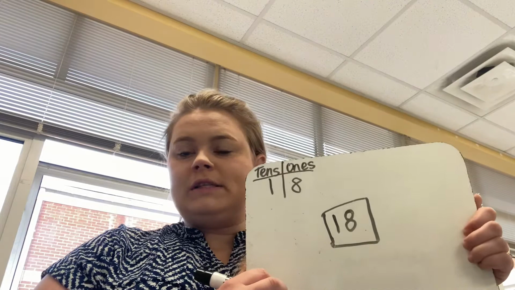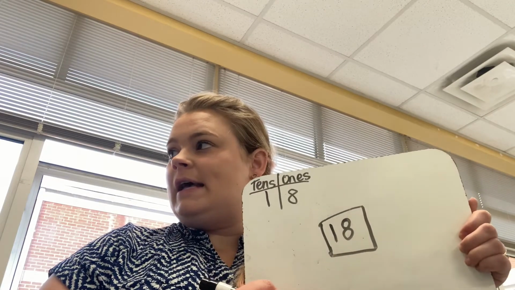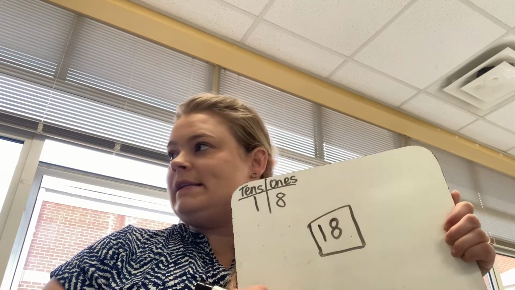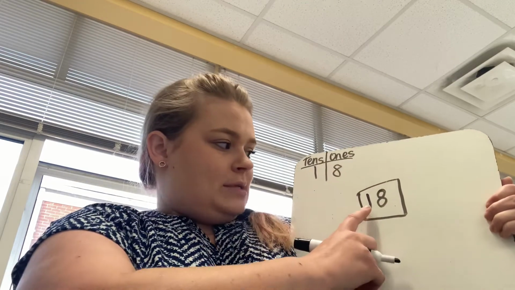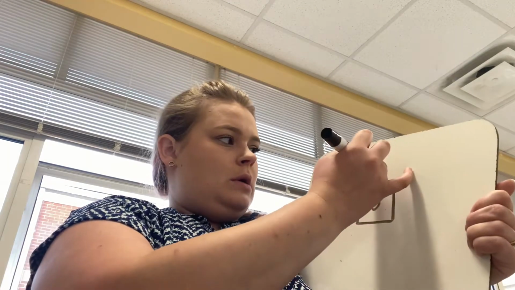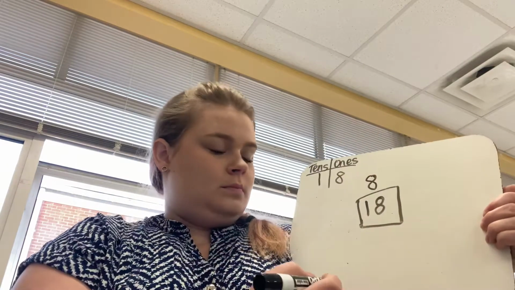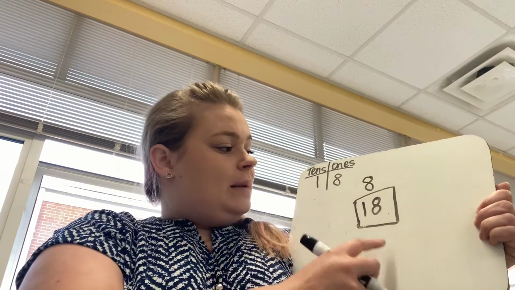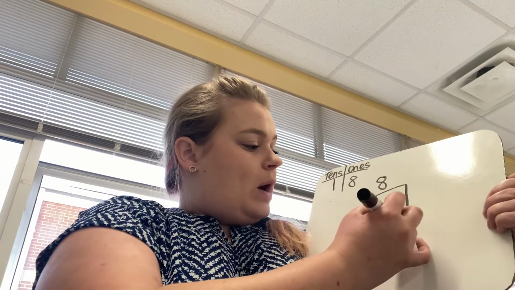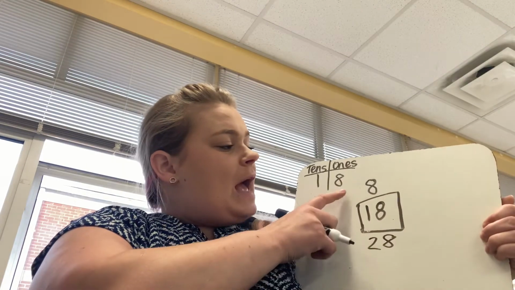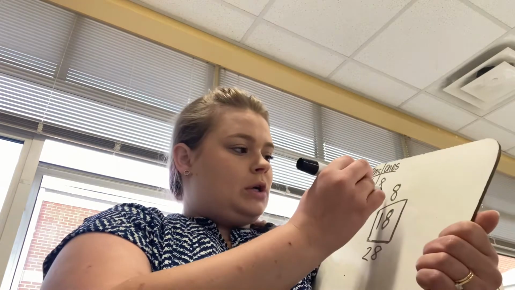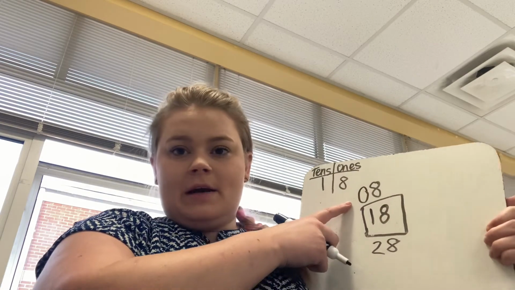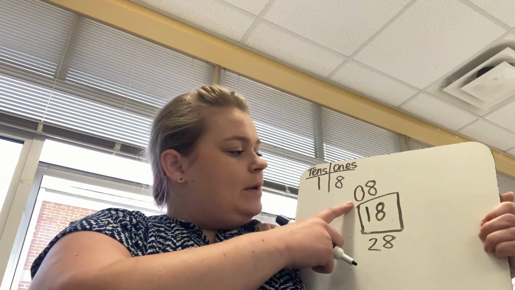It also wants us to show 10 less, 10 more, 1 less, and 1 more. So 10 less than 18, so I would take away a 10, would be 8. 10 more would be 28 because I'm looking at that place value. So there's nothing in the tens place here. It's just a 0.